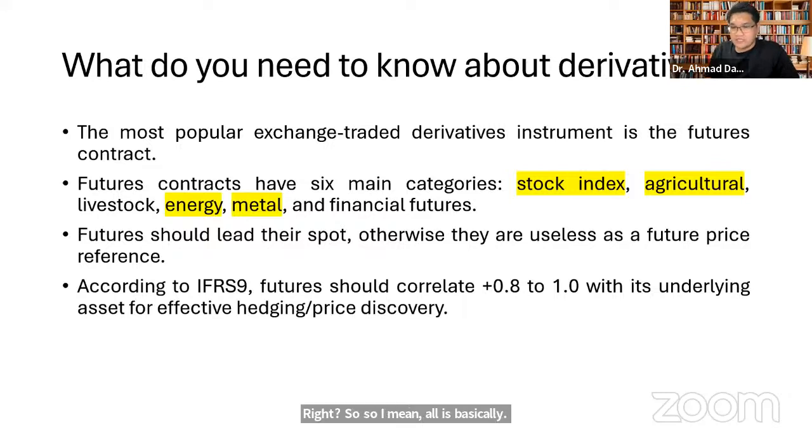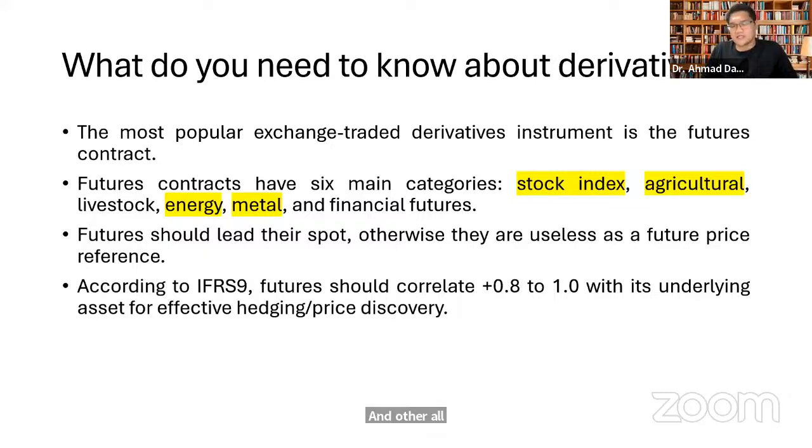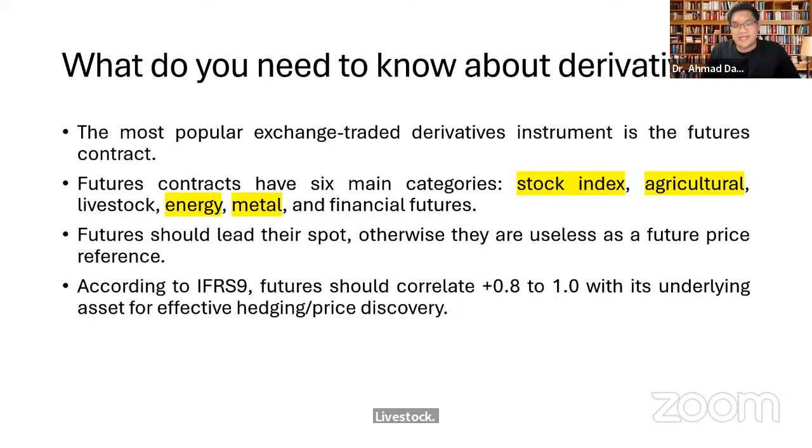It comes from soybean. In the CME, the Chicago Board of Trade, they have soybean, soybean oil, soybean meal, and other oilseed futures contracts. Those are examples of agricultural. Livestock, as in like lean hogs. You know what hogs are?